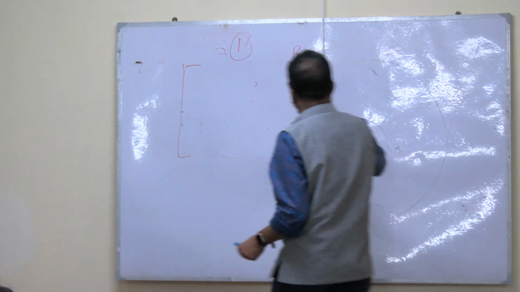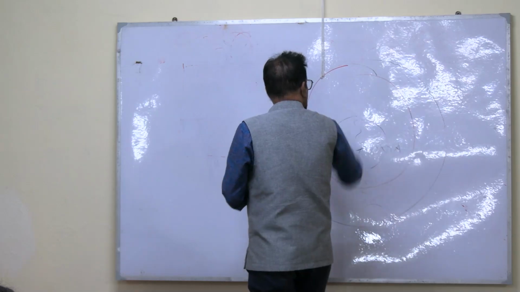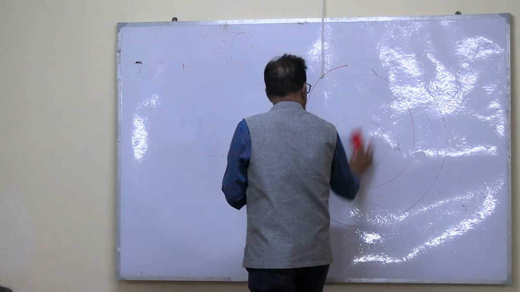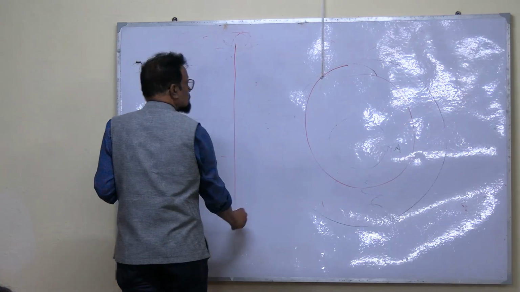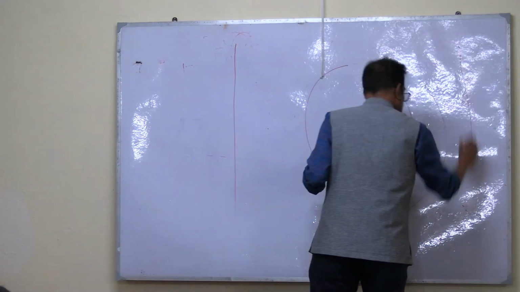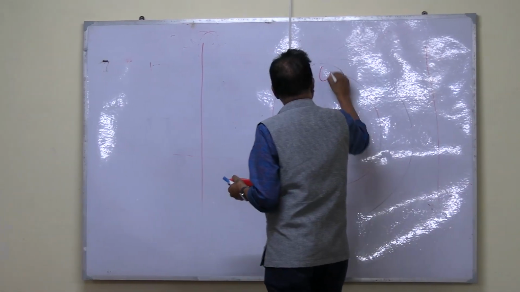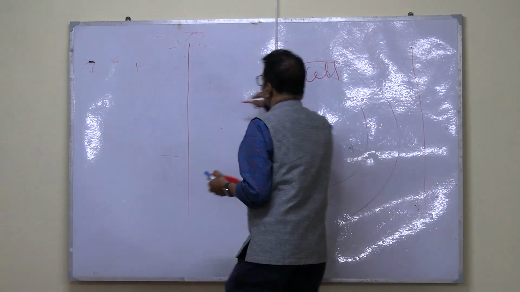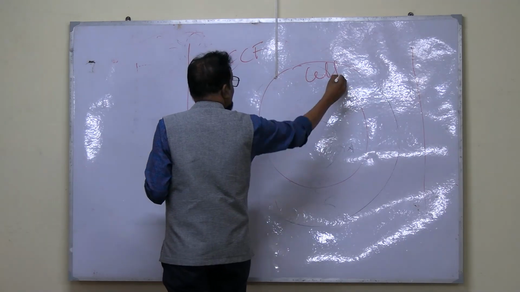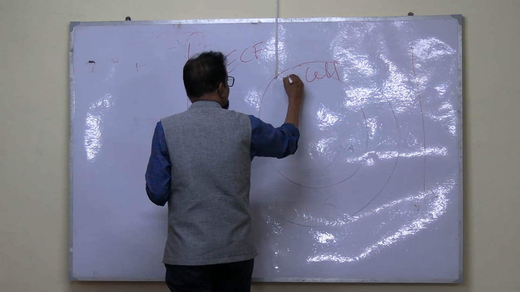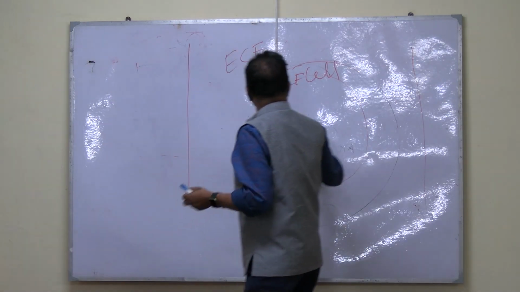Now see, this is a cell. This is ECF, and here, within the cell, this is ICF.